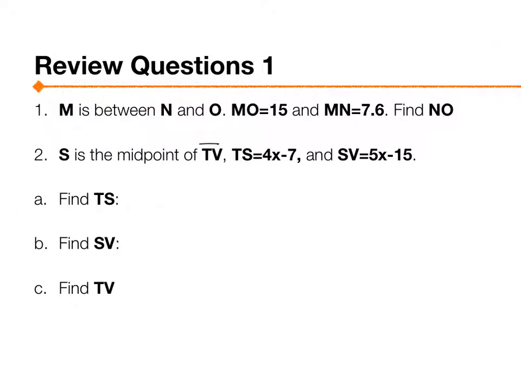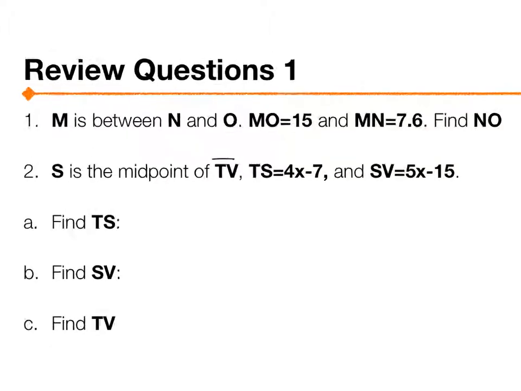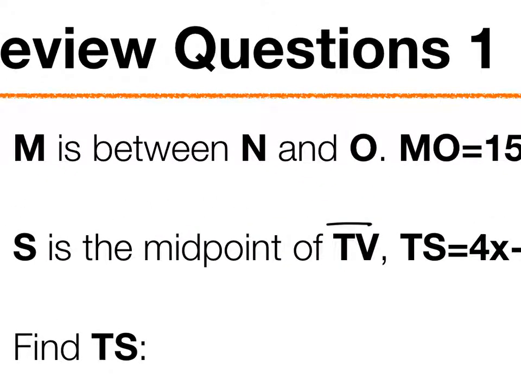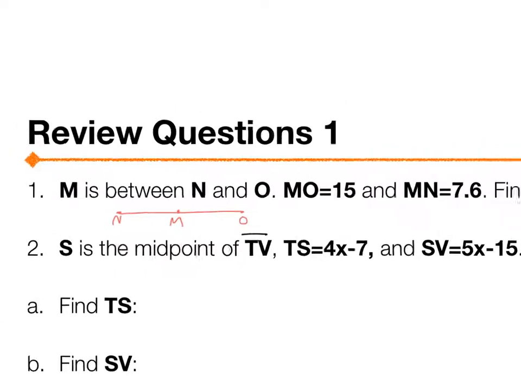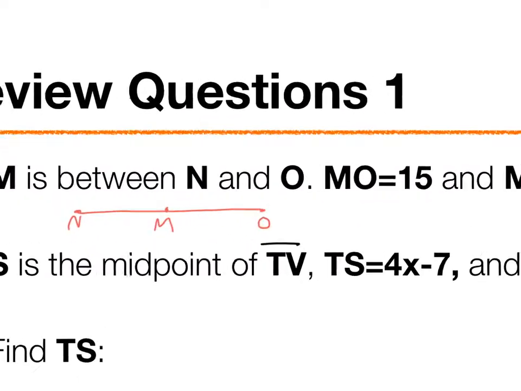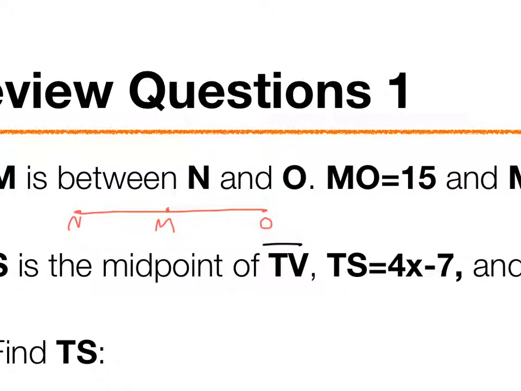Okay, M is between N, O. Let's draw it out. We have line N, O, and M is between them. This just says that M is between them. We don't know that M is the midpoint or not. It's just somewhere in between N and O. So MO, this length here, would be 15.